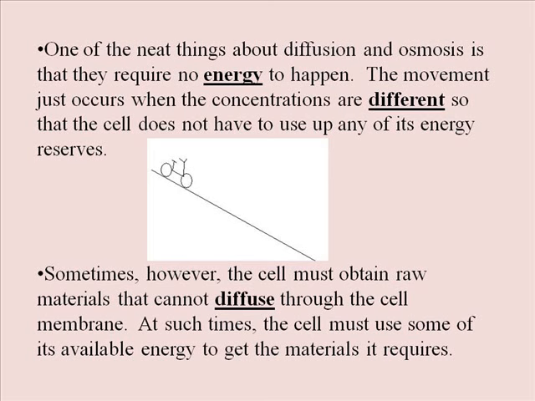You can just let the bike roll down the hill. You don't have to pedal. You don't have to use any energy. So cells love diffusion and they love osmosis because they don't have to use any of their own energy for those to happen. However, sometimes our cell might have a lot of stuff in it, but it needs more.